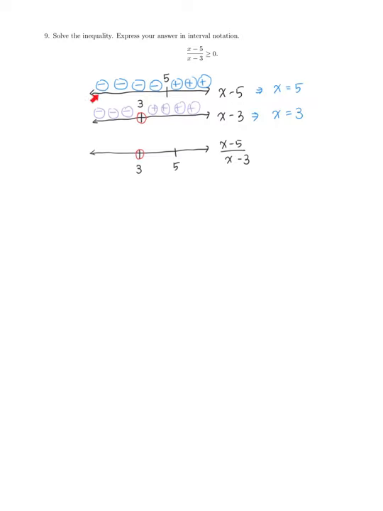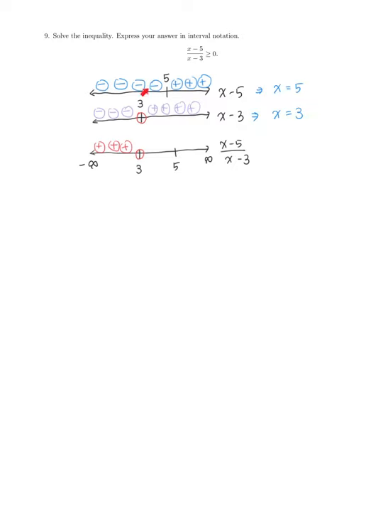Okay, now look at the top. Top is negative, bottom is negative. So here I have a negative over a negative from negative infinity to 3. In that region, we're going to have a positive value. And then if you want, you could put here negative infinity and then infinity. To me, that's easier for drawing the interval notation.